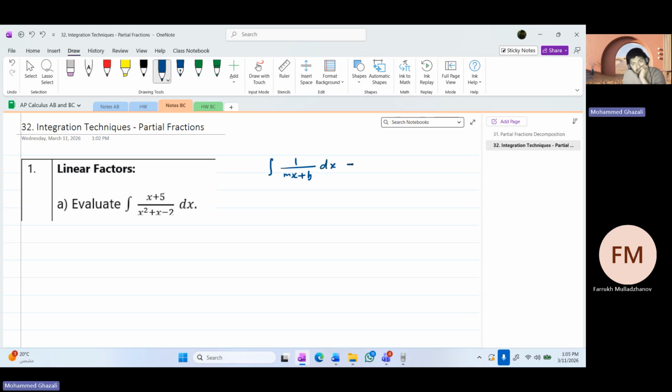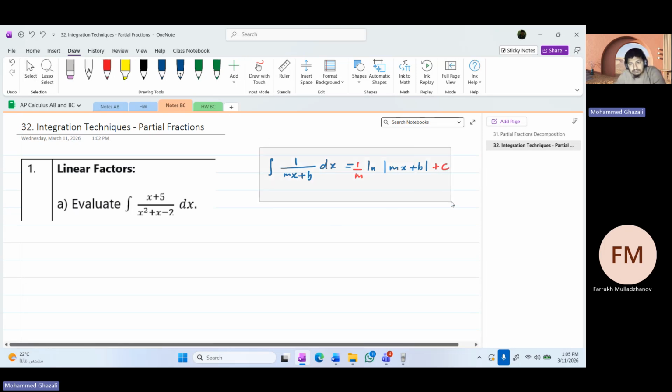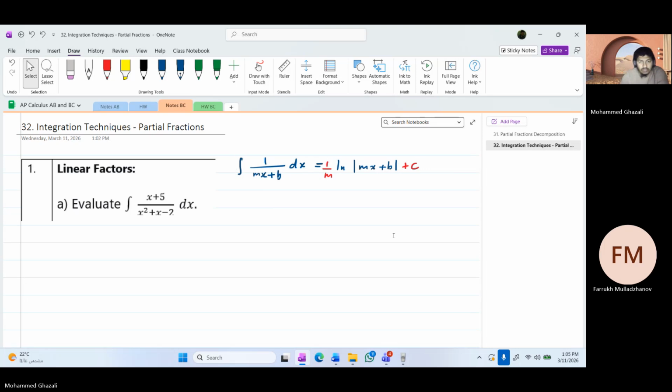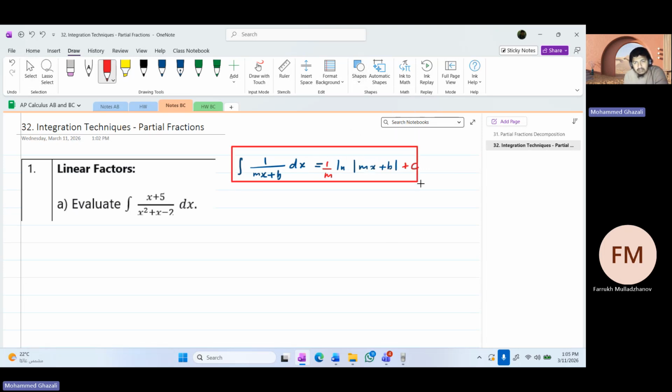The integral of this will be ln absolute value of mx plus b, and you will have a 1 over m on the outside, because if you differentiate this, the mx plus b goes to the denominator and you differentiate the top. So 1 over m outside, plus c. Just remember this basic rule, it will be handy. Only if there's a coefficient in the front, then we will put a coefficient there.